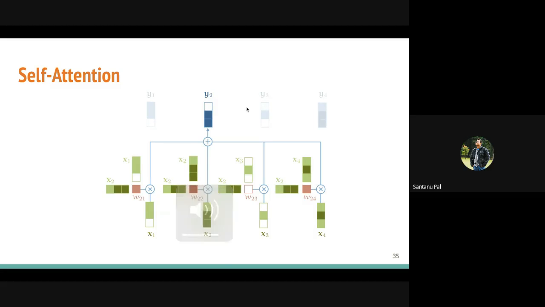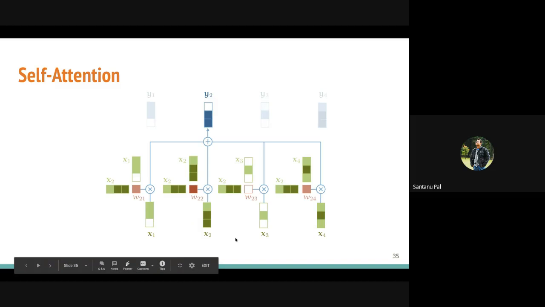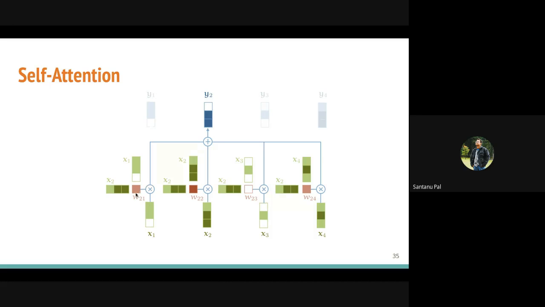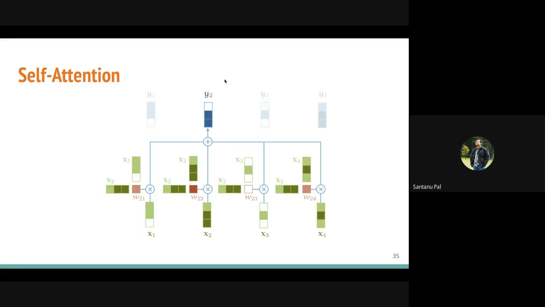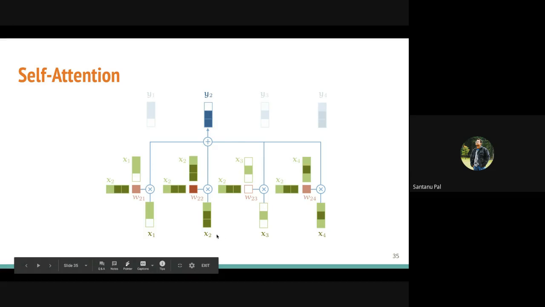So now we have a sequence of inputs x1 to x4, and this vector is then multiplied by the weighted matrix W21. Let's say we have to represent y2. Which input word is y2 focusing on?